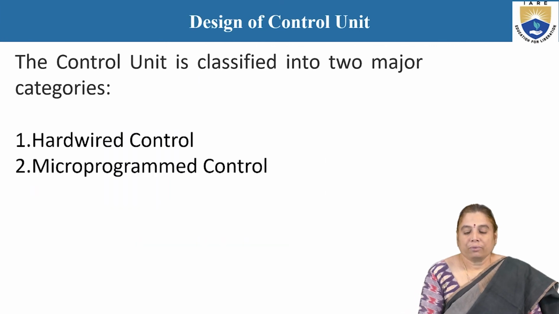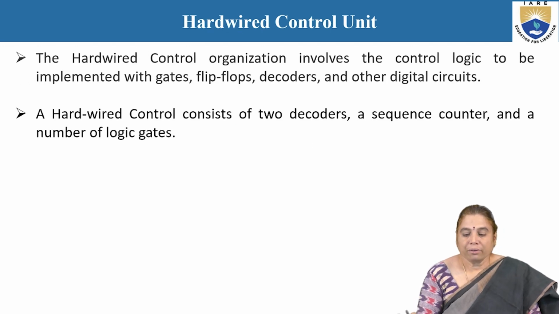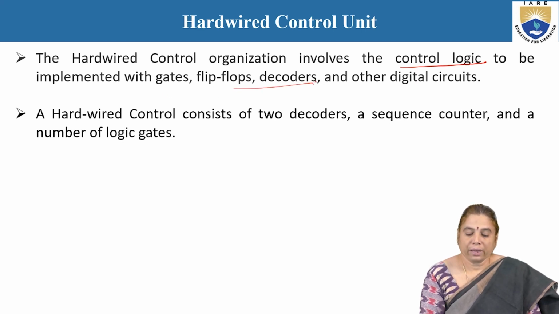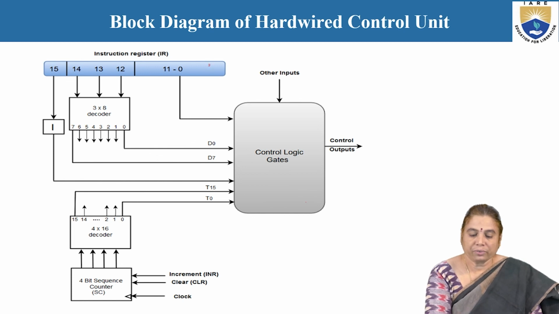The design of the control unit can be hardwired control or microprogrammed control. In the hardware control, the control logic is implemented with gates, flip-flops, decoders, the hardware components. So this is the hardware control unit. This is the instruction register, and here the address bits can be represented. The opcode is bits 12, 13 and 14 of the instruction register.